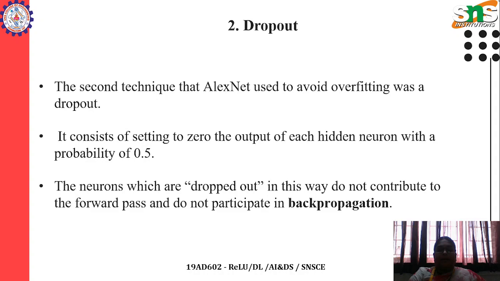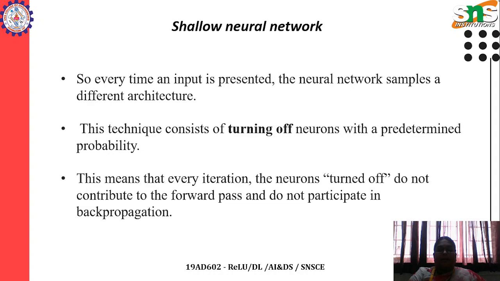Some neurons will not participate, meaning they are not actively present in the architecture. Such neurons we drop out from the network. That is the concept of dropout.